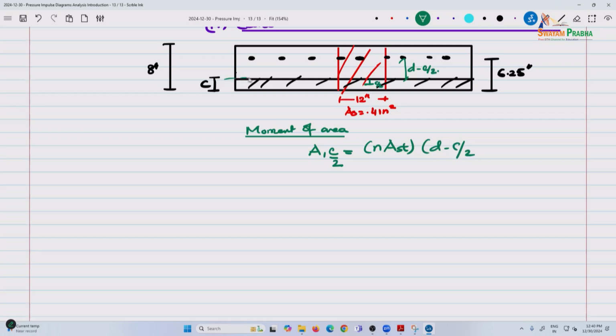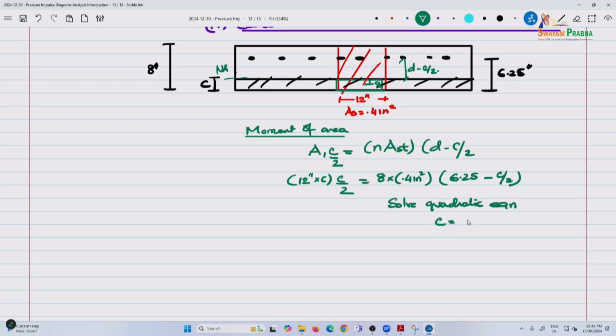So we are taking moment of area about this point. Here A1 is 12 inches multiplied by C, the green area. So 12 times C multiplied by C by 2 is 8 times 0.4 times d, which is 6.25, minus C by 2. I'll skip this step, solve the quadratic equation, and you get C equal to 1.58 inches.